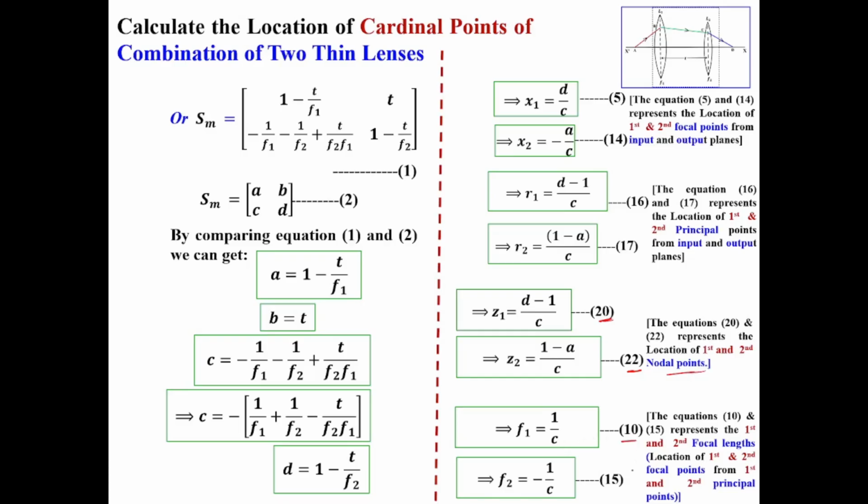These two expressions, 10 and 15, represent the first and second focal points from the principal points: location of first and second principal points, location of first and second focal points. So we should remember these expressions for finding the location of cardinal points of any optical system.